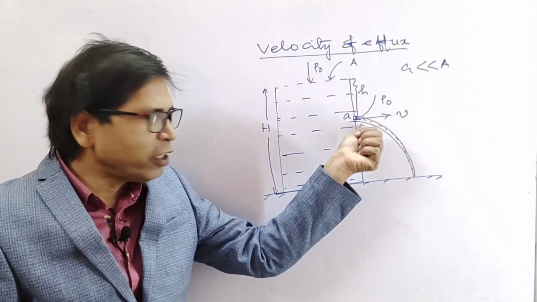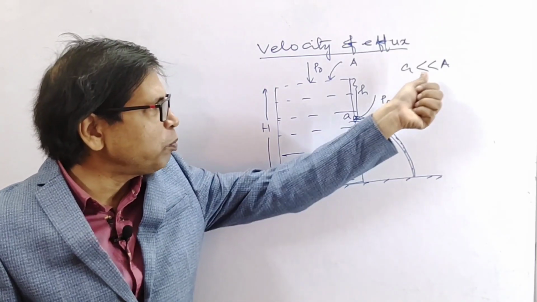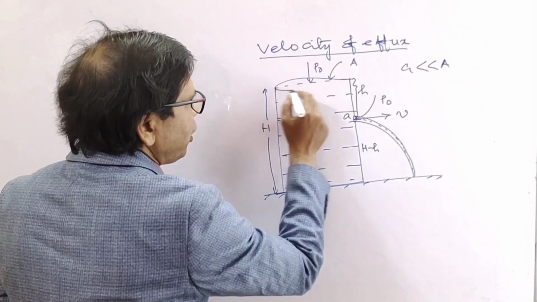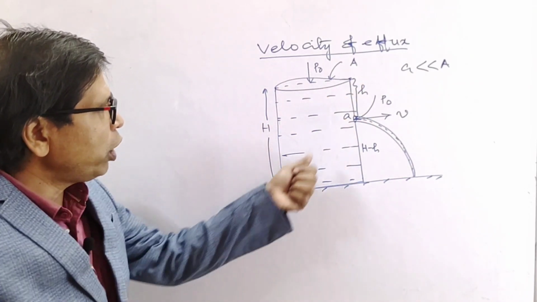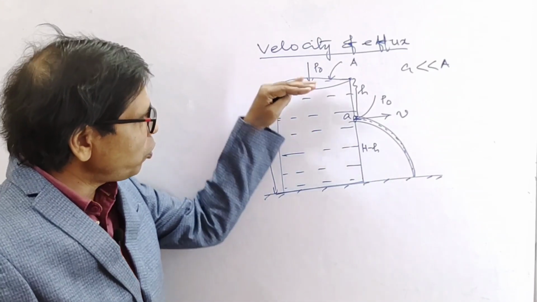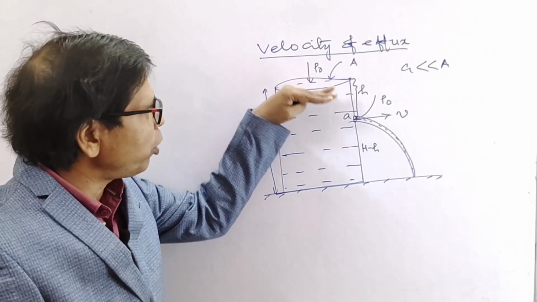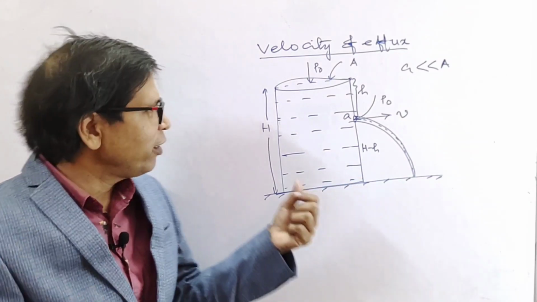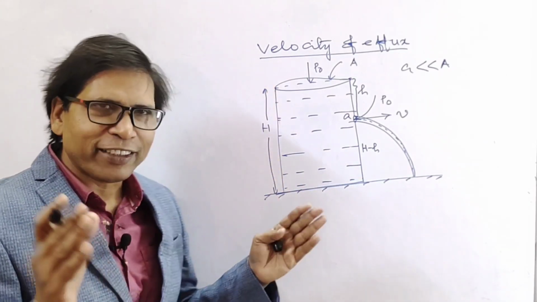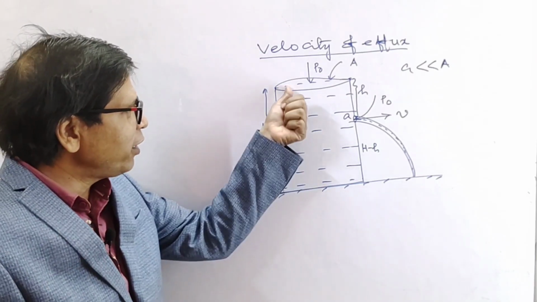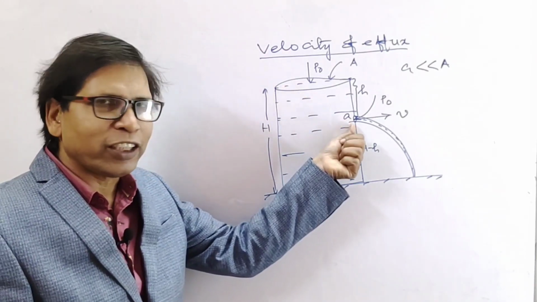As the area of cross section of this hole is very small in comparison to the area of cross section of the cylinder, during flow of liquid through this hole, the downward velocity of the top level is almost zero. Therefore, height remains constant. Now applying Bernoulli's law at this cross section and this cross section.